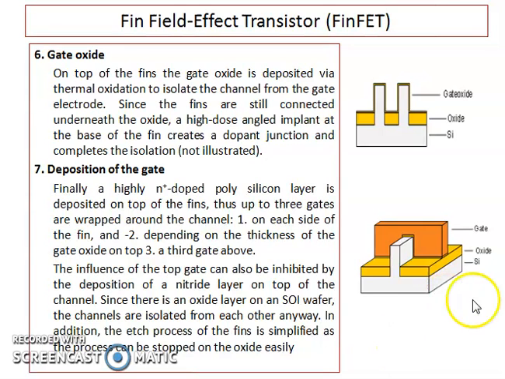And from the diagram we can find that the gate is formed on multiple regions, on the sideways or on the top. Normally FinFETs replace the MOSFET in the fabrication of very large scale components or equipment in VLSI technology.